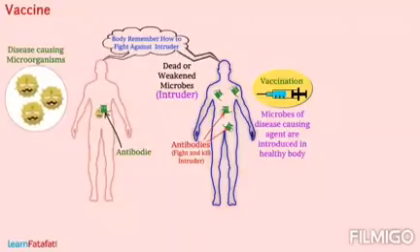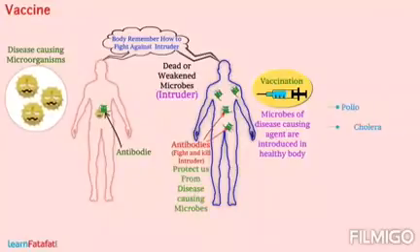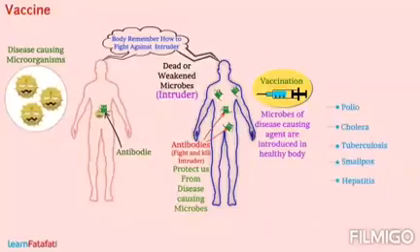Thus, the antibodies present in the body protect us from disease-causing microbes. Polio, cholera, tuberculosis, smallpox and hepatitis can be prevented by vaccination.